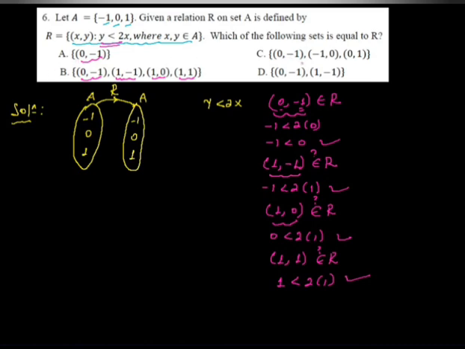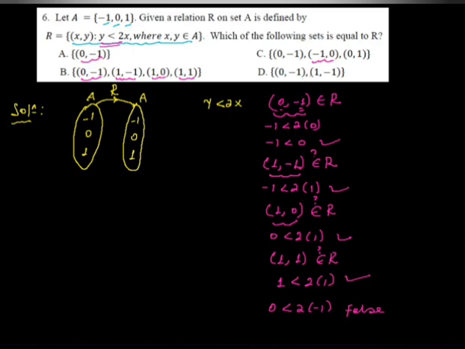Coming to C, this makes it not true. (-1, 0) cannot be a member of R. Why is it not a member of R? 0 less than 2 times -1 is false. Okay, this is false. So C cannot be the answer.